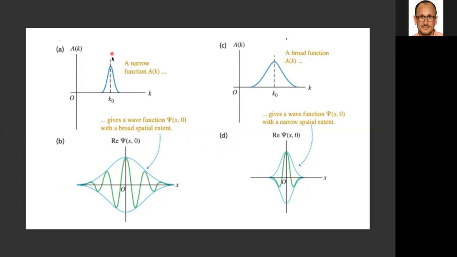If this is a delta function in K, what do we have here? We have a completely flat distribution, meaning the particle could be anywhere. If this is narrow, this is going to be wide. If this is wide, this is going to be narrow. So the extent of the wave function is like that.